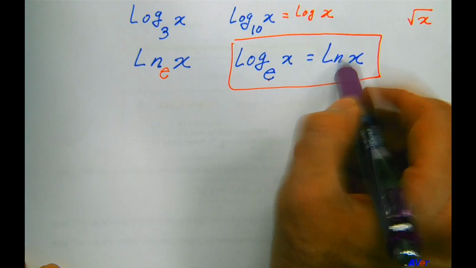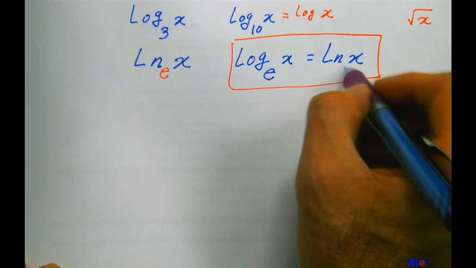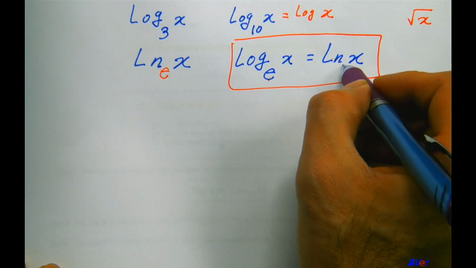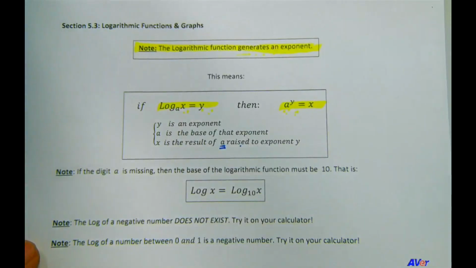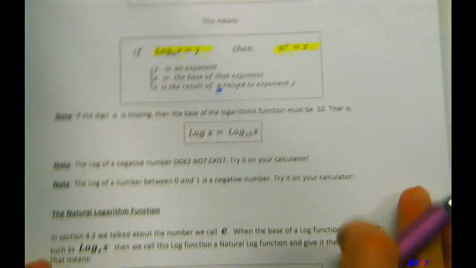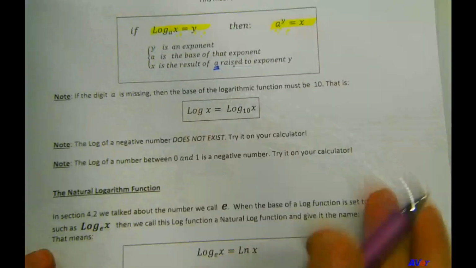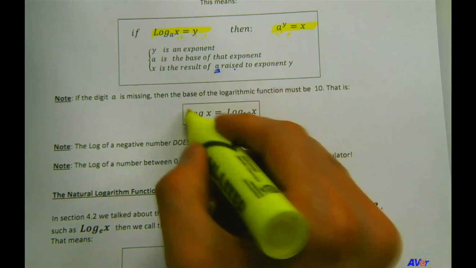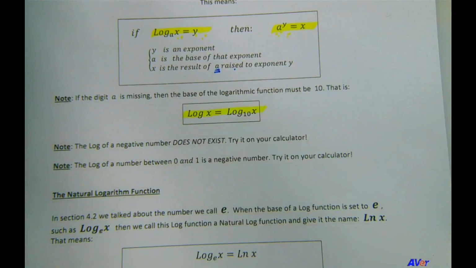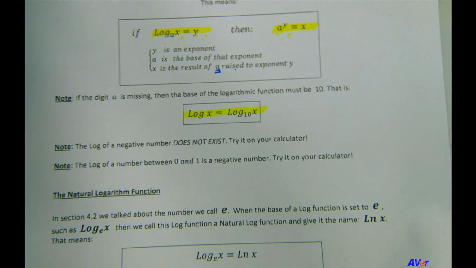And it goes without saying that the natural log here has base e. All of that is captured here as well. So if the base is missing, then the base is 10. That's what I was saying on that piece of scratch paper.